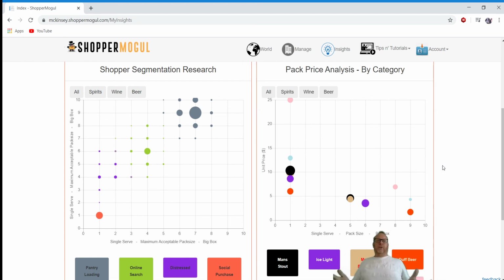Now, what this chart doesn't tell you is how competitive different spaces are. So it may be that your brand is the only one that's really appealing to a certain type of consumer, in which case your task is to see how much can I ratchet the price up before they stop buying it.